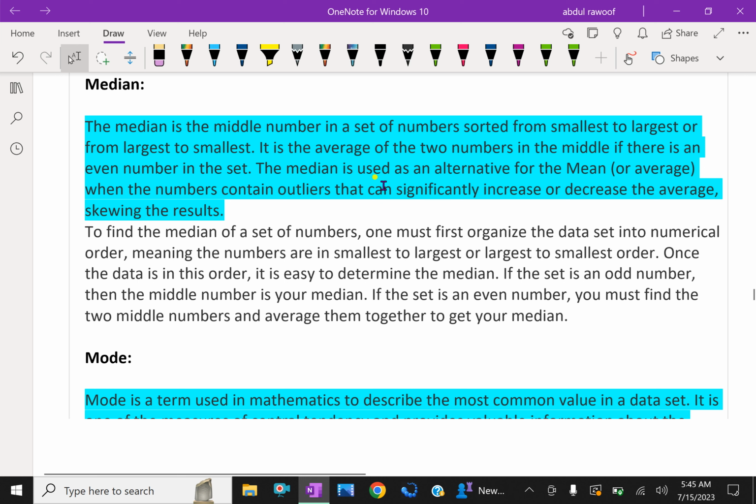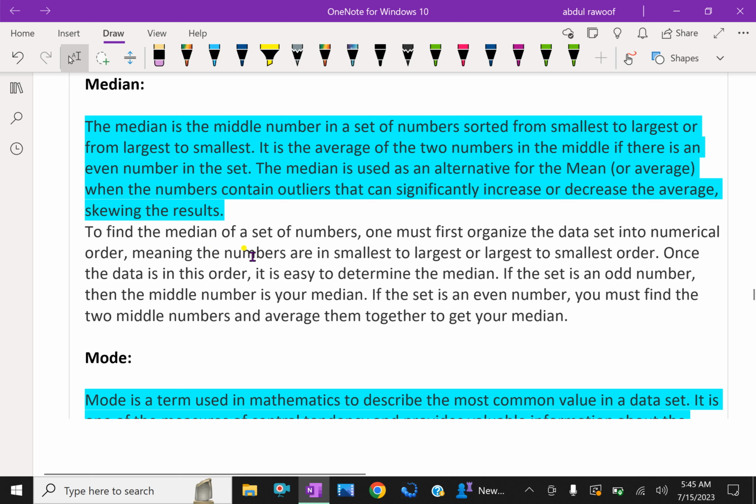The median is used as an alternative for the mean when the numbers contain outliers that can significantly increase or decrease the average, skewing the result. That means sometimes mean is not suitable for some data. In that case, we have to use median.